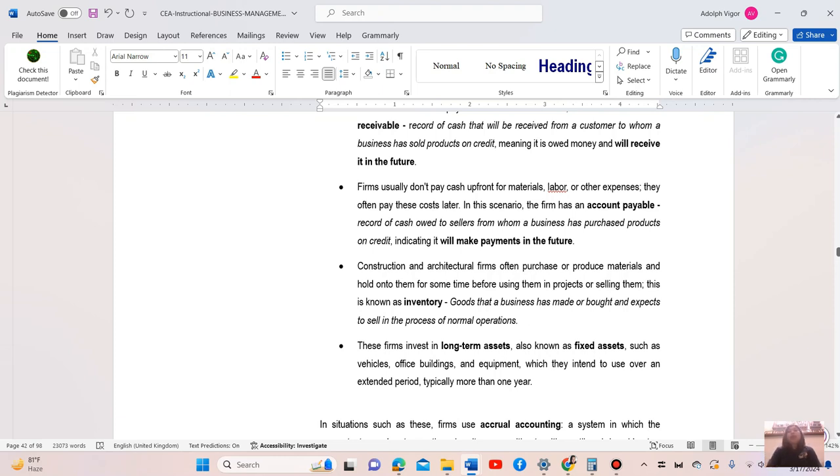Firms usually don't pay cash upfront for materials, labor, or other expenses. They often pay these costs later. In this scenario, the firm has an account payable.